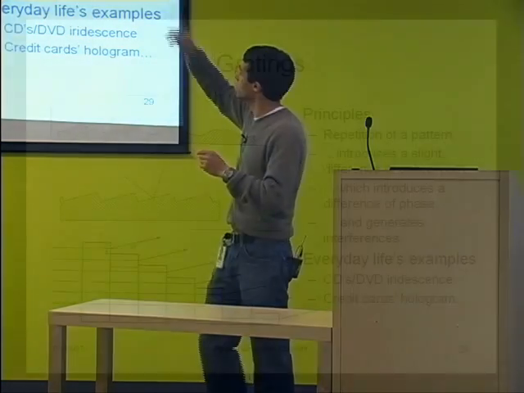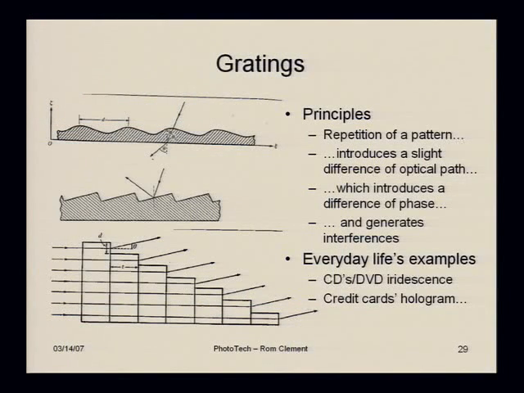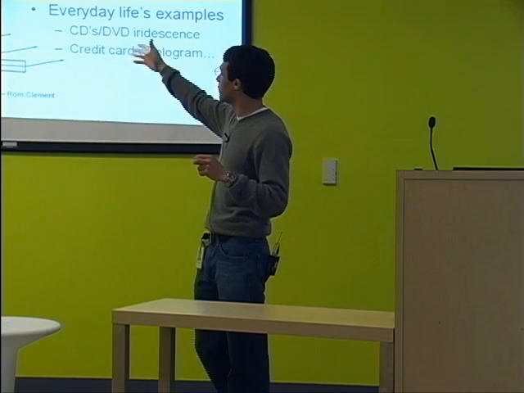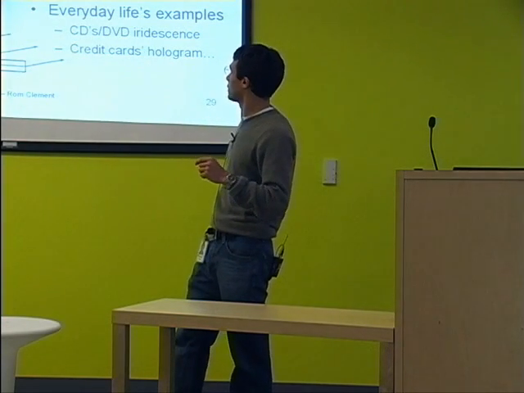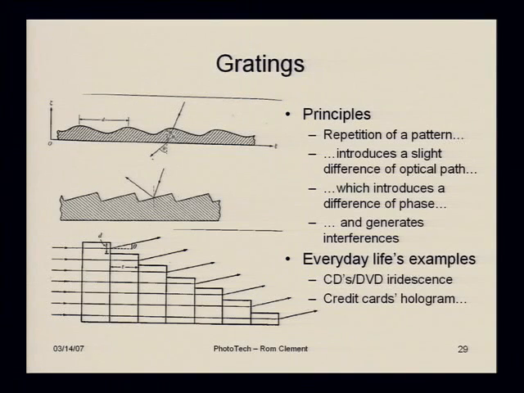So in the first case at the top left, it's a sine wave grating. They're used in holography. We can also find a kind of saw-tooth shape for certain gratings, or even this kind of step grating at the bottom.